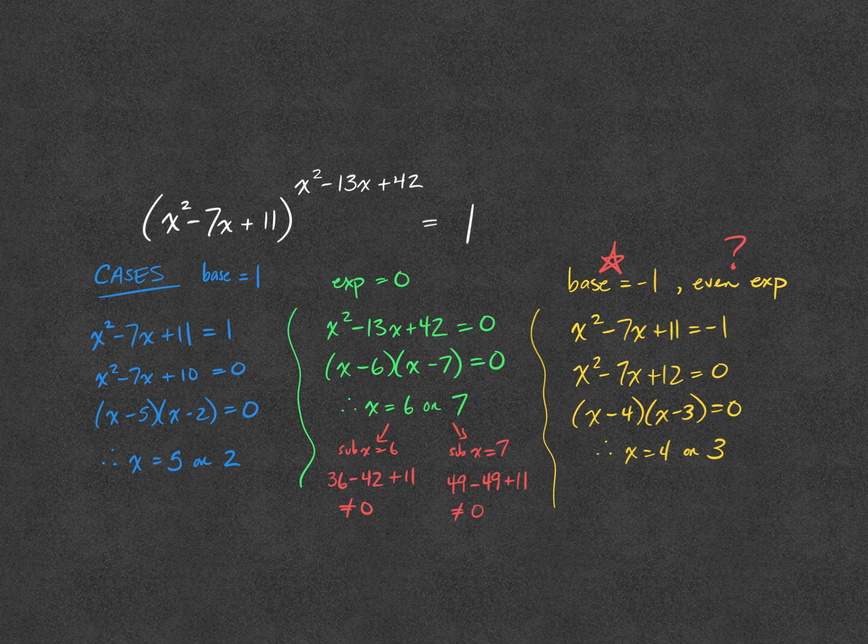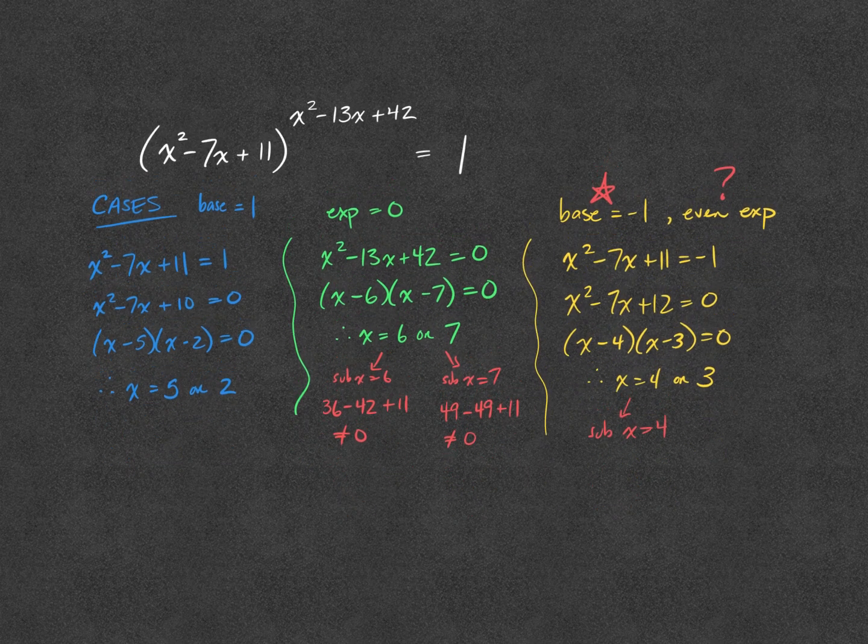So the same sort of thing that I had to do on my green values, I'm going to have to do again. I'm going to sub x equals 4 back into my exponent. I need to see, does an x value of 4 give my exponent an even value? So I make my substitution, and I get 4 squared minus 13 times 4.